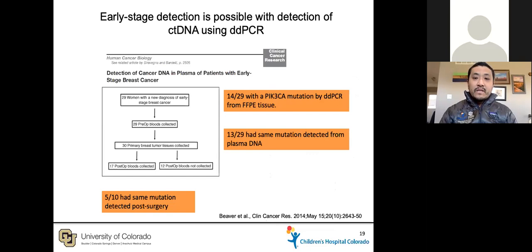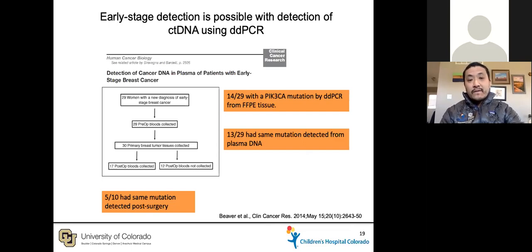ddPCR is a now not that new, but relatively new PCR platform that is highly sensitive and specific, and you can use this PCR approach. For example, this was a paper from my mentor, Ben Park, where he showed that detection of PI3 kinase mutations by ddPCR was very successful even after surgery.